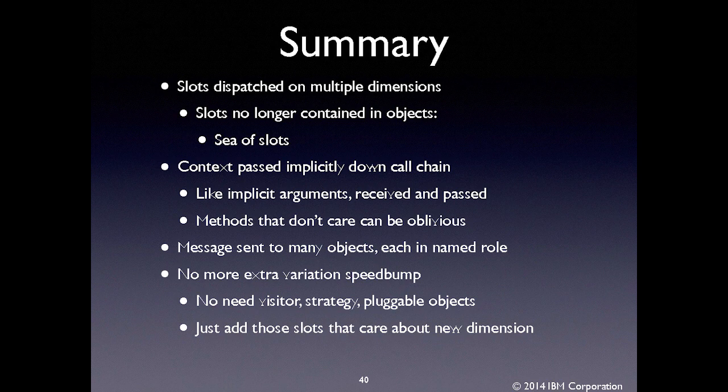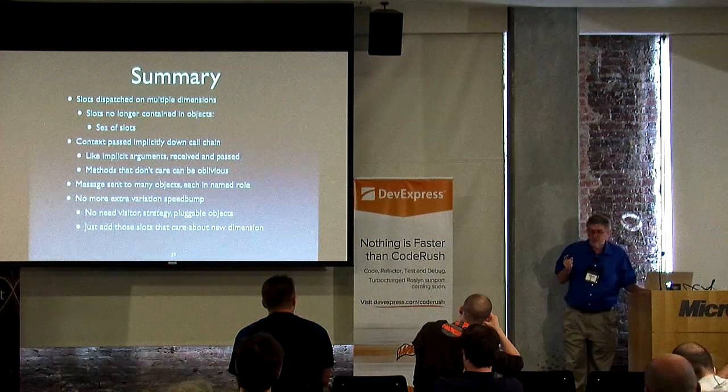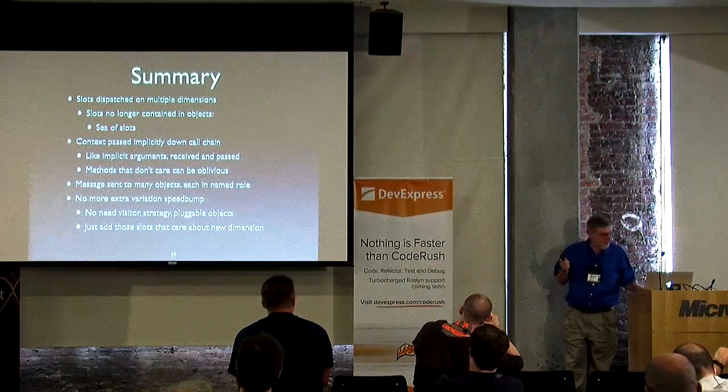I have to do 2 hierarchies of pluggable objects. I have to do something else. Well, we get rid of that speed bump here because all you have to do is add new slots where it matters that are sensitive to the new dimensions. So growing from one kind of variation to multiple ones has gotten really easy.